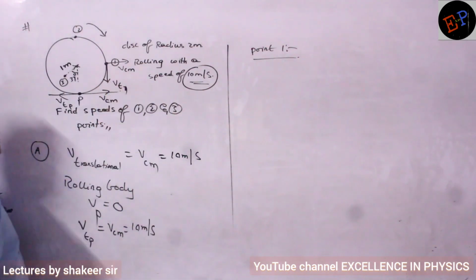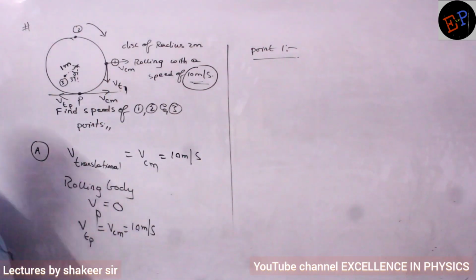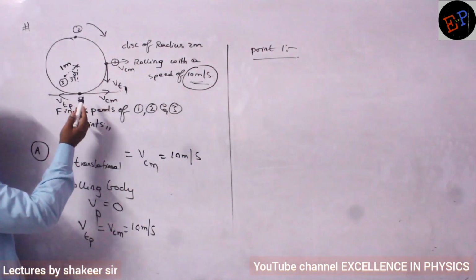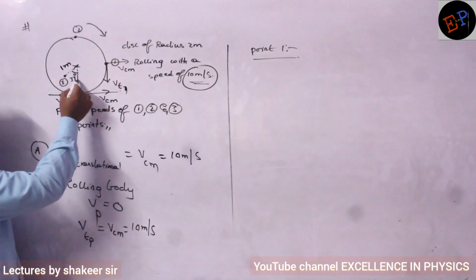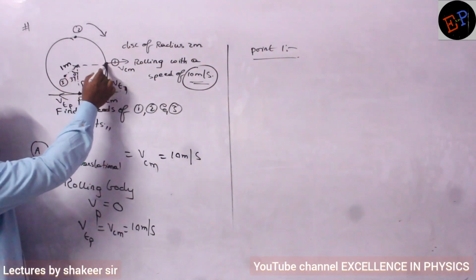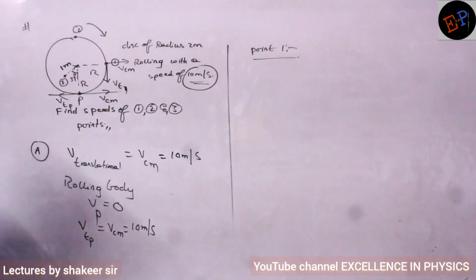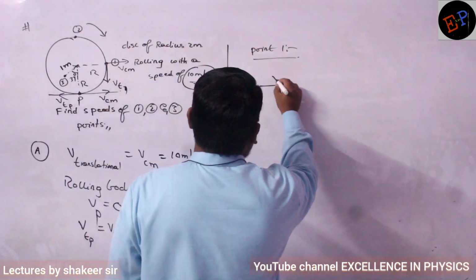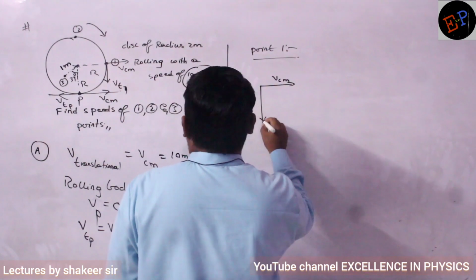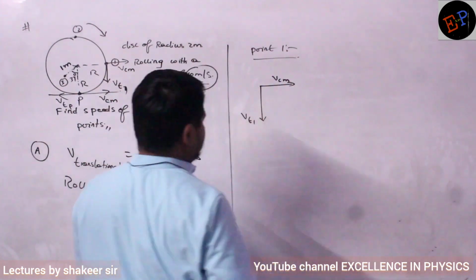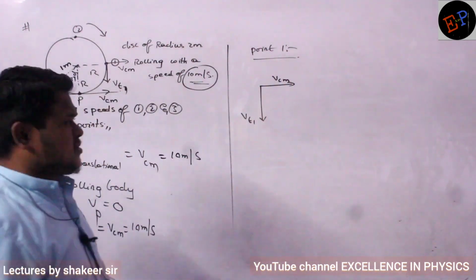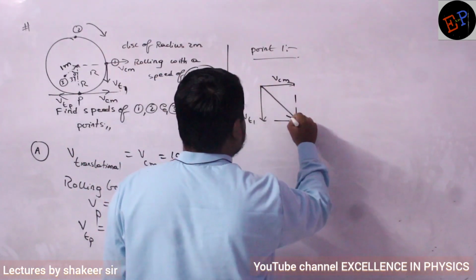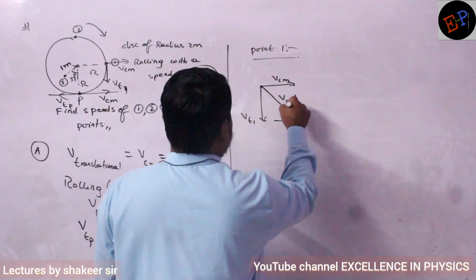See, the tangential speed of point 1 and the tangential speed of point P are both the same, because both are present at the same distance R. Are you able to understand? So at point number 1 there are 2 velocities: one is velocity of center of mass, another is tangential speed of point number 1. So what is the resultant velocity? This is the resultant velocity. So this is the total velocity of point number 1.